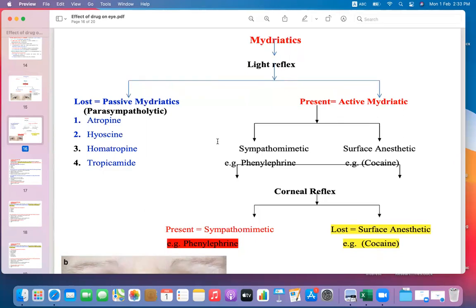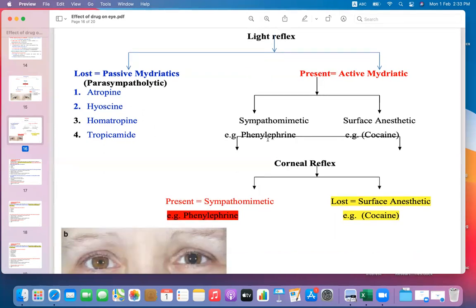But if the light reflex is present, it is an active mydriasis, and there are two drugs, phenylephrine and cocaine. How can you differentiate between phenylephrine and cocaine? By the corneal reflex.